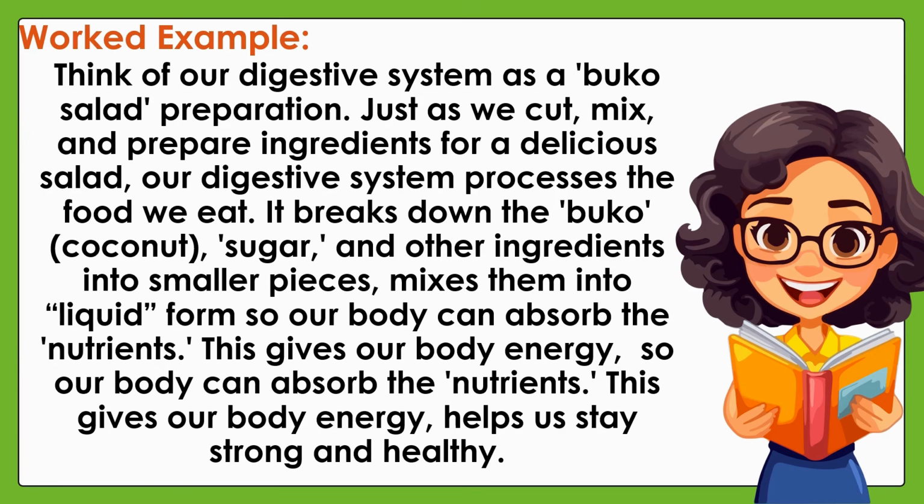Just as we cut, mix, and prepare ingredients for a delicious salad, our digestive system processes the food we eat. It breaks down the buko or the coconut, sugar, and other ingredients into smaller pieces, mixes them into liquid form so our body can absorb the nutrients.